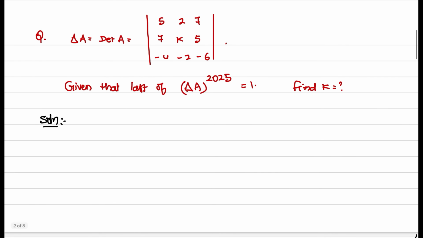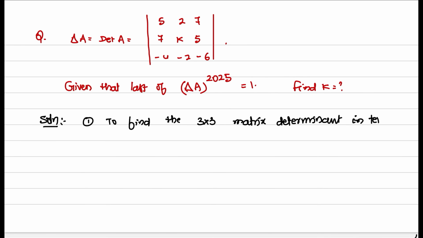First step, to find the 3 by 3 matrix determinant in terms of k.